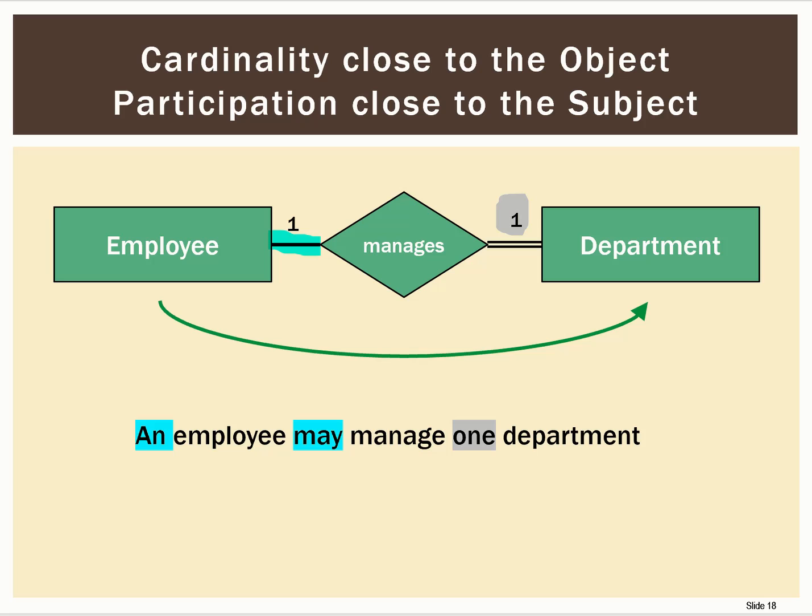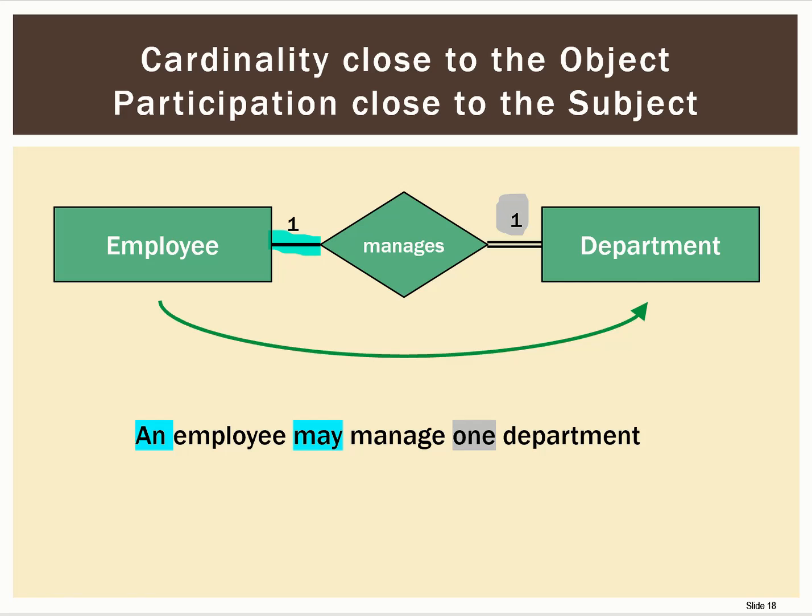One thing that always gives new students of ER diagrams trouble is the fact that in every relationship there are two cardinality values and there are two participation values. And so it becomes really important to remember which ones to be reading as you read a relationship.